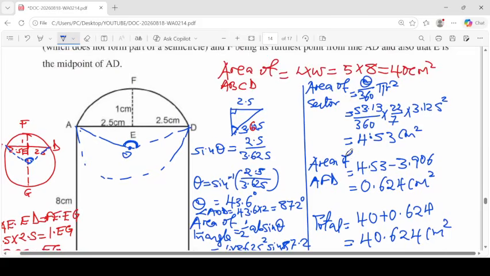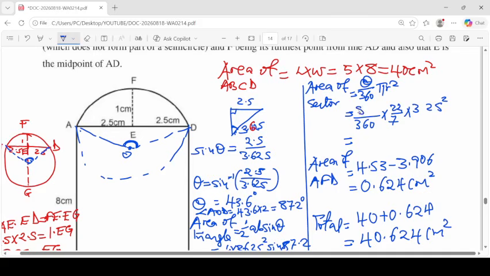Then when it comes to the area of the sector, remember our angle here is different. Let me have this one also updated. Our angle here is 87.2.